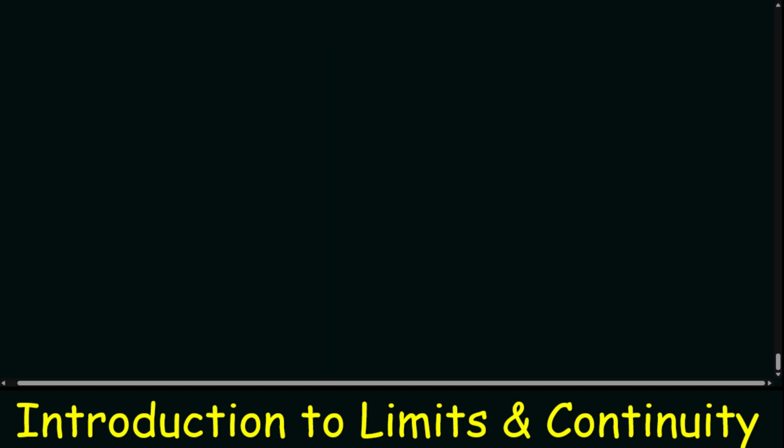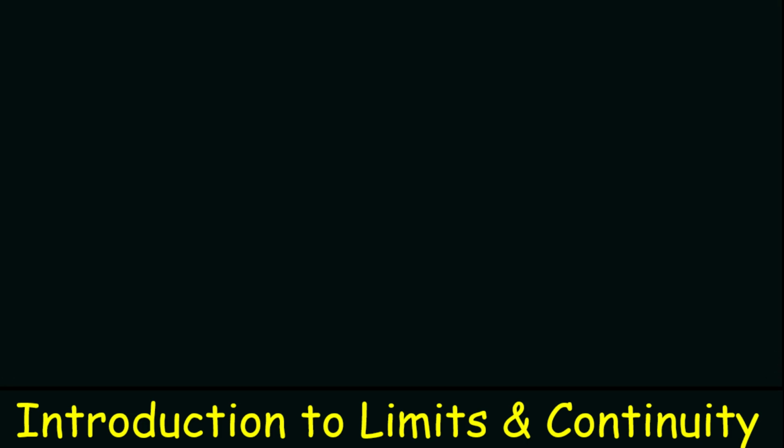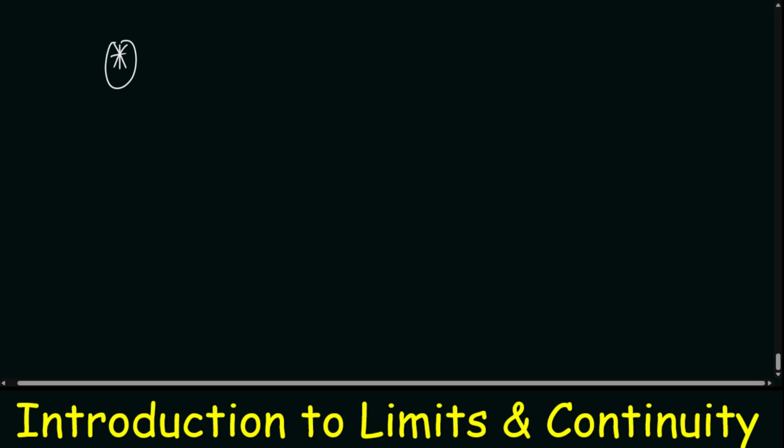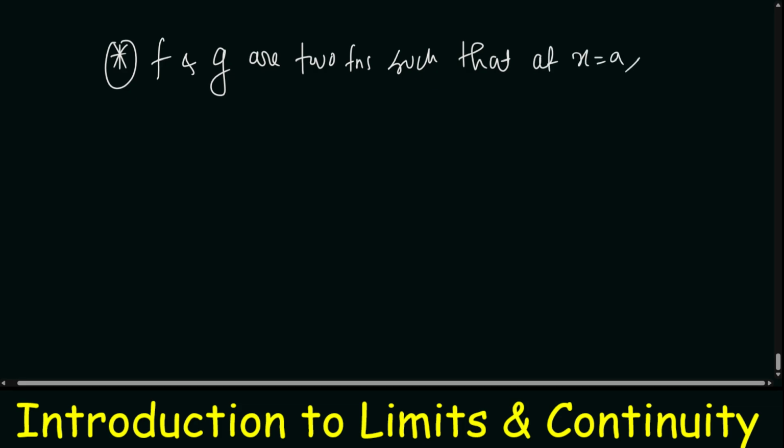Now let us talk about limits. In general, we will assume that the limits exist, and to start off understanding the properties, we say that f and g are two functions such that at x equals a, the limit x tends to a f of x and the limit x tends to a g of x exist.